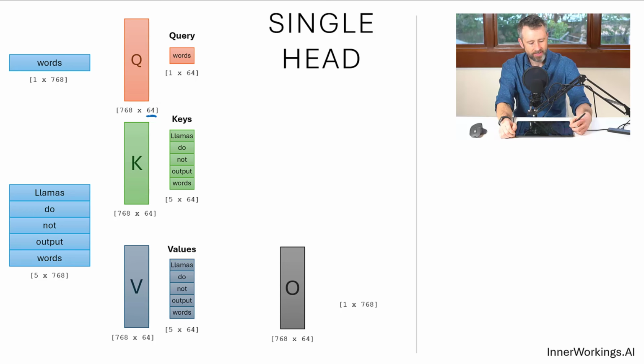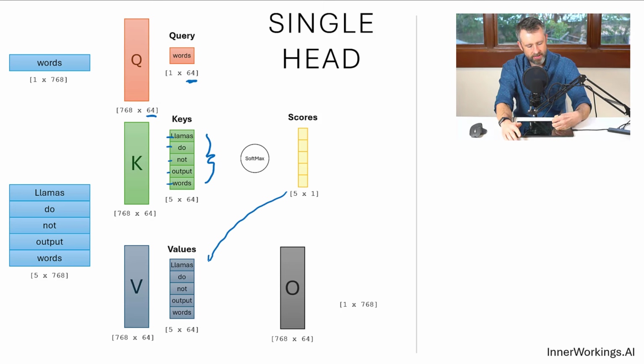So we project down into a smaller space for the head, and we do that for both. And then same dot product thing, but now because we're only looking at a single head, the scores are just a nice simple array. We've got one score for every token. And that means that we can take these down to the values and we apply them to each of the values and sum that up.